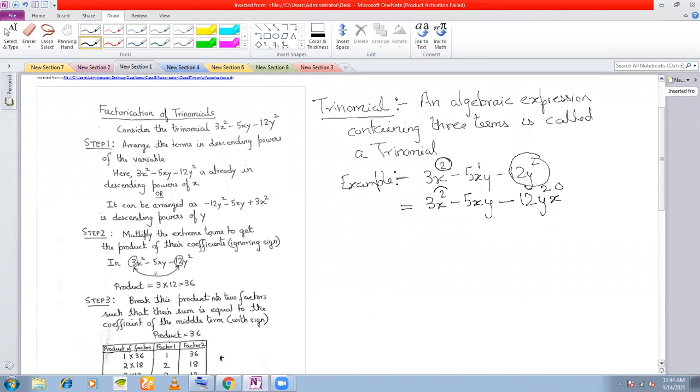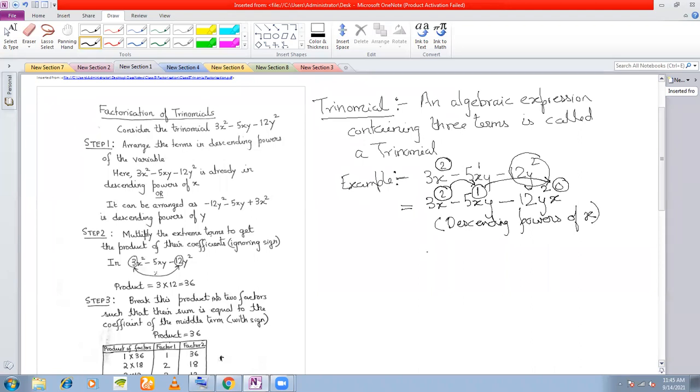So what you see here is you have the power of x as 2, the power of x as 1, and here the power of x as 0. So from 2 it goes to 1, and from 1 it goes to 0. So this is descending powers of x. Right? So from 2 it's going to 1, and then it's going to 0.